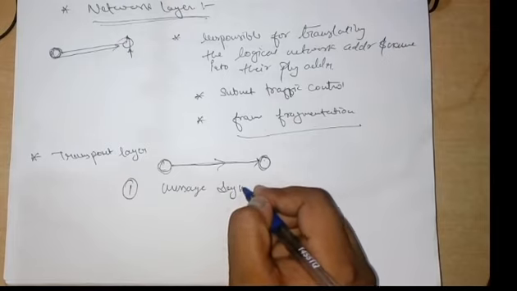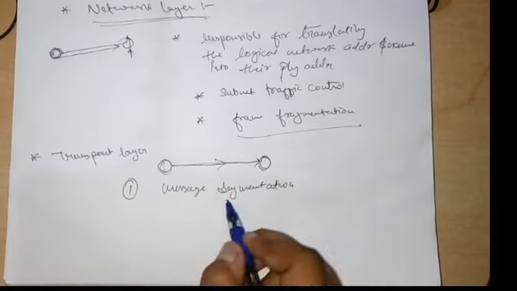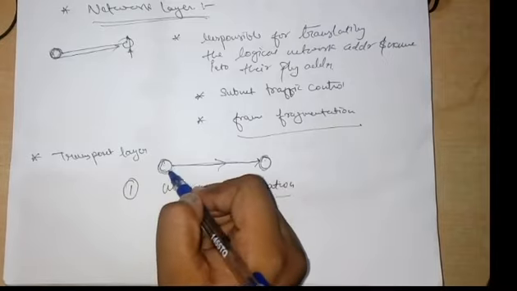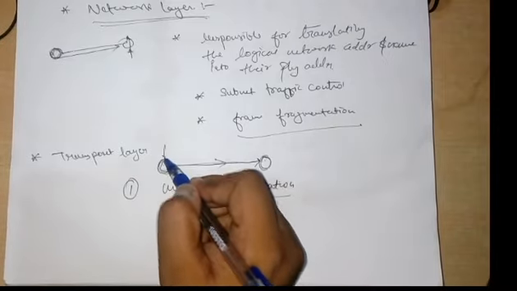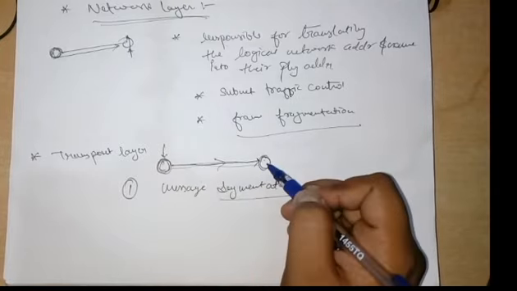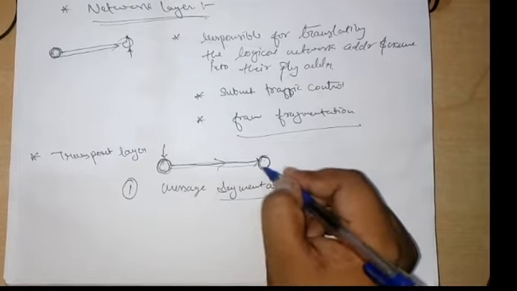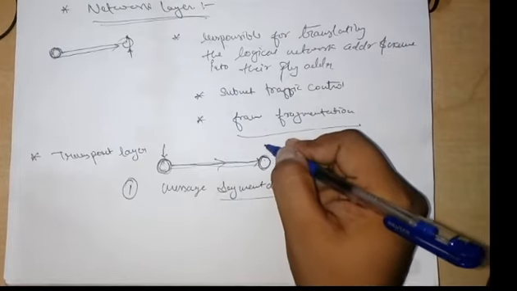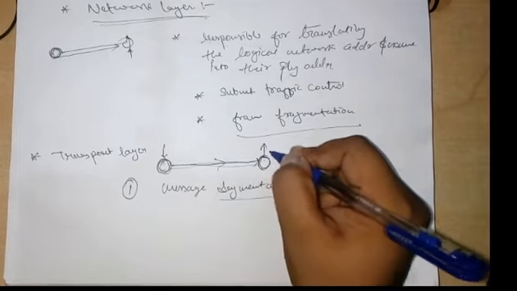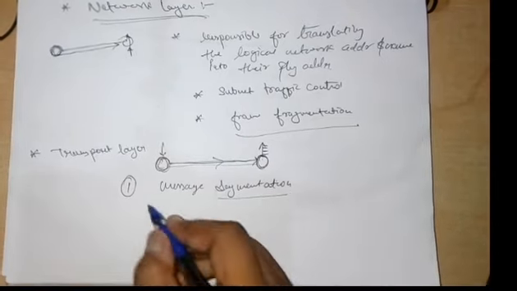Message segmentation: the data will be divided into packets, and the packets will go through the network or the physical media to this system. Then the packets received by the system will be arranged in the format given by the system.